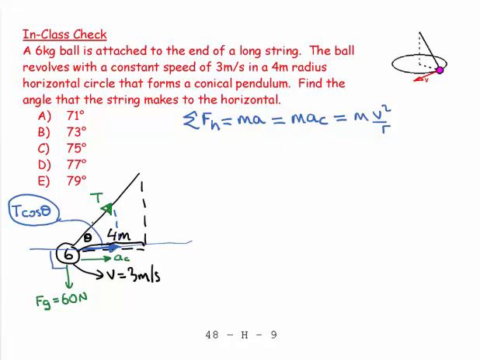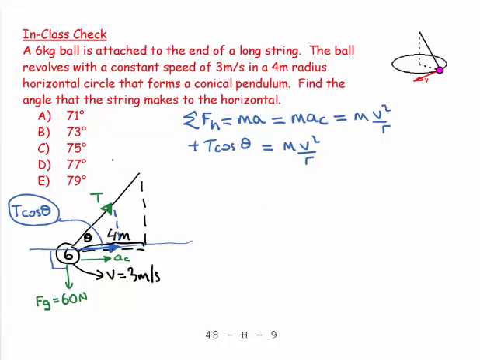It's a cosine of the angle. Also remember, the original vector is always the hypotenuse. So draw your triangle. Don't skip on it. After 30 years, I'm drawing the triangle because it makes it easier. So then I say, okay, plus T cosine theta is equal to mv squared over r.